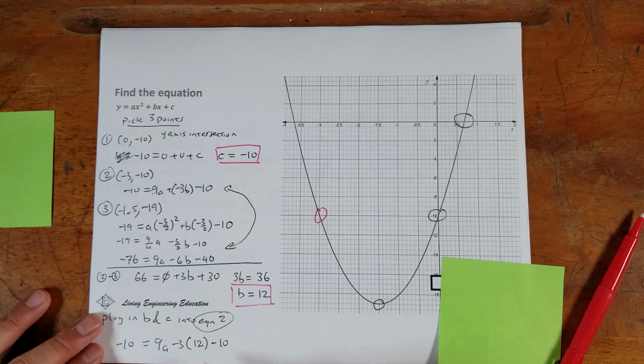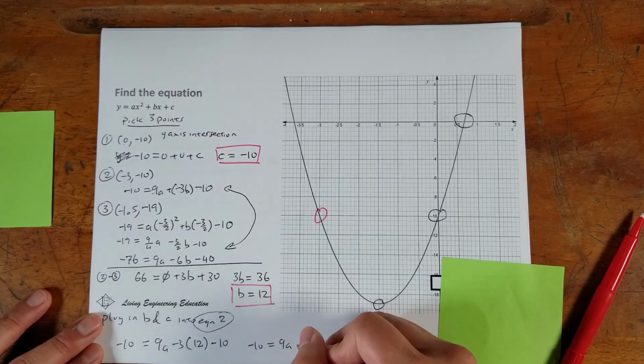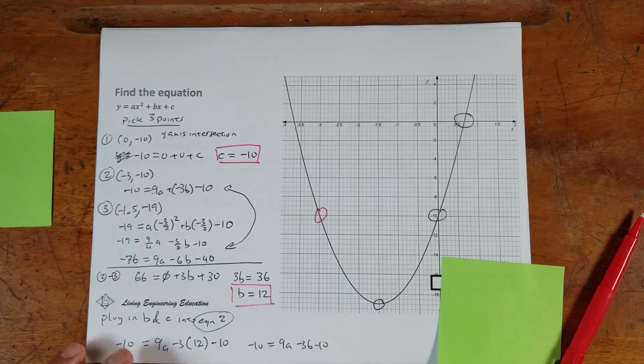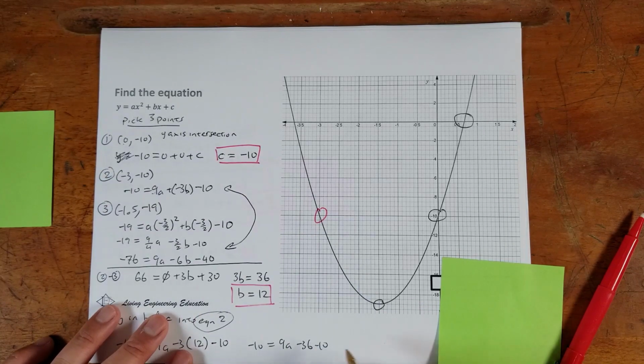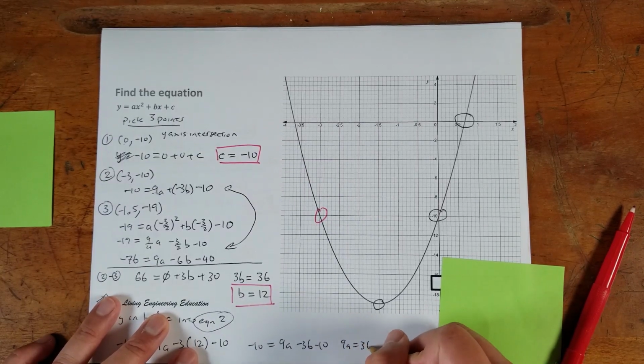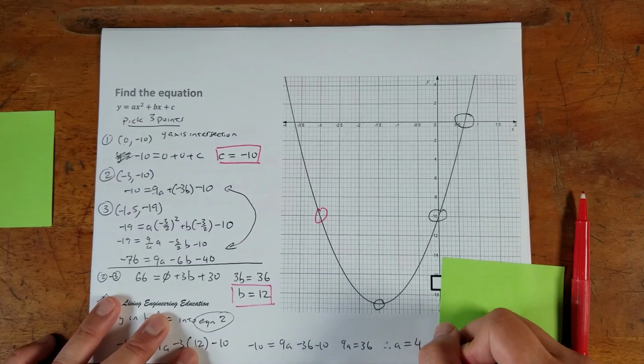All right, so let's clean this up. We got -10 is equal to 9a minus 36 minus 10. So 9a is equal to 36. So a is equal to 4.